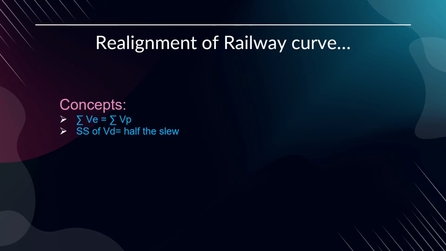Another concept: the second summation of the versine difference, that is the difference between the versine proposed and the versine existing, is equal to half the slope. And double the second summation of the versine difference is the full slope. These are the concepts we are using in the program.